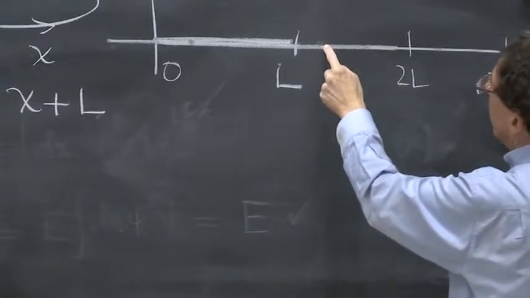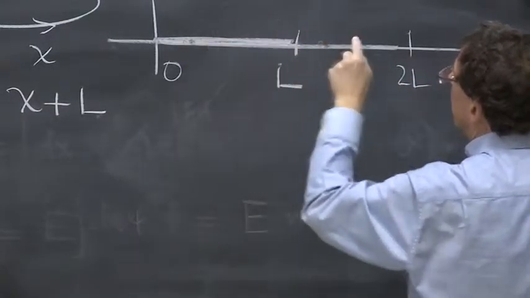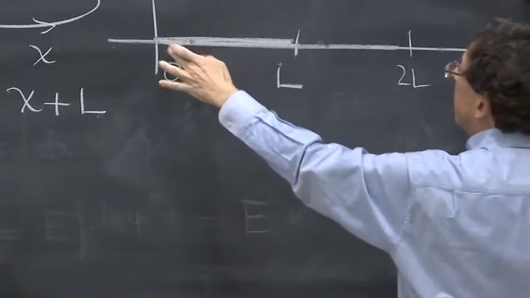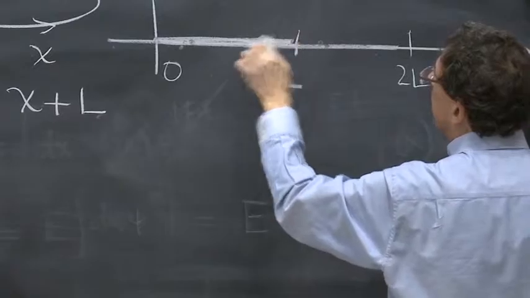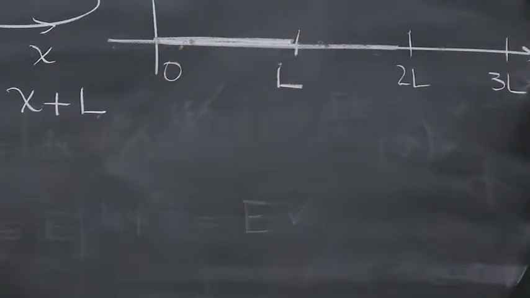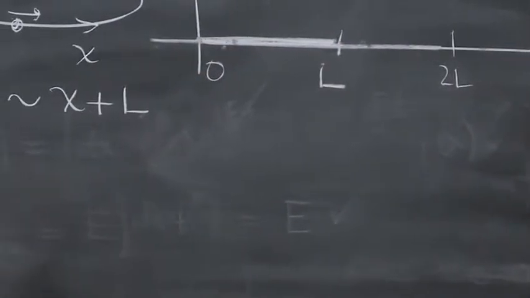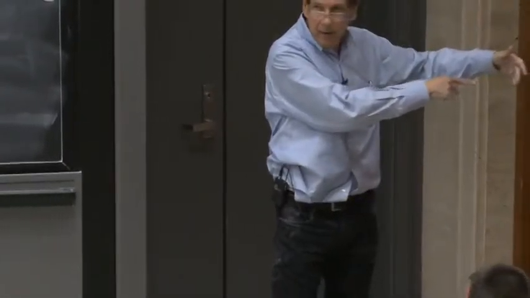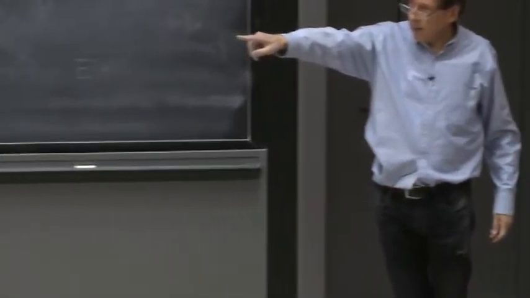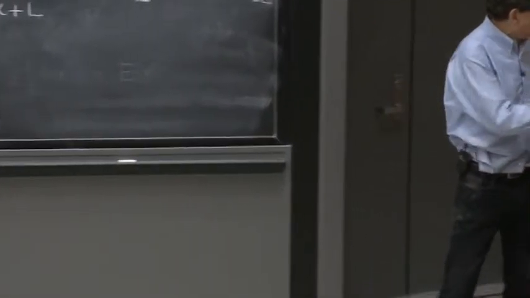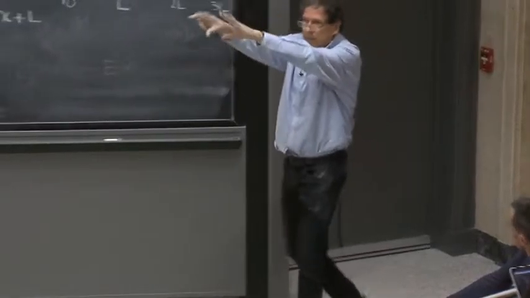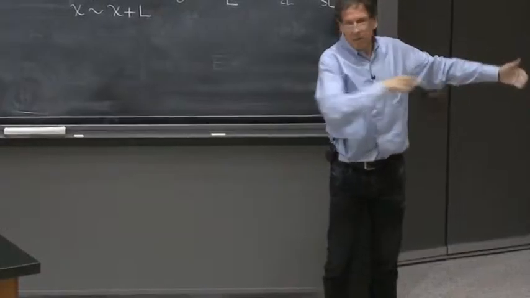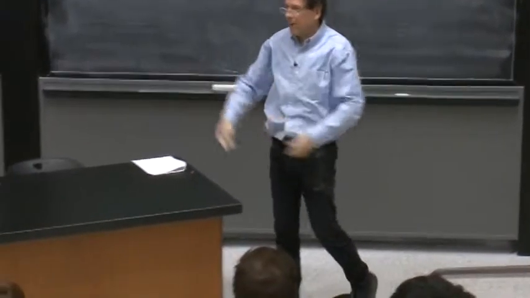Because every point here, for example, is the same as this point. And this point is the same as that point. And so at the end of the day, everything is equivalent to this piece where L is equivalent to 0. It's almost as if I was walking here in this room, I begin here, I go there, and when I reach those control panels, somehow it looks like a door, and I walk in, and there's another classroom there with lots of people sitting, and it continues and goes on forever.